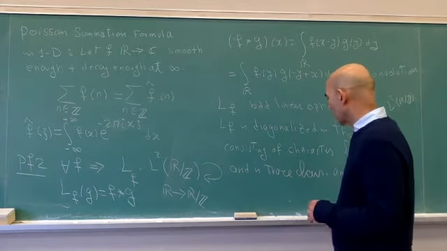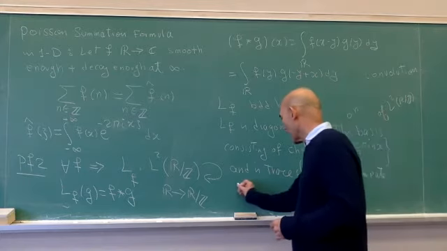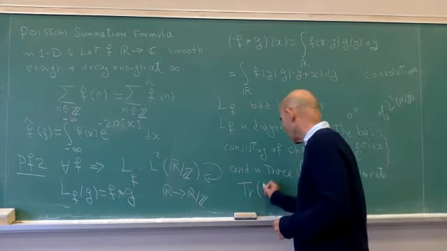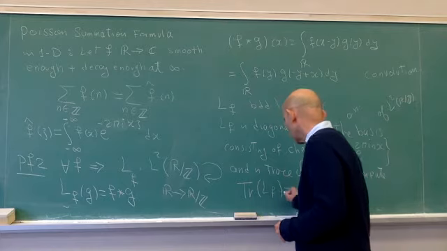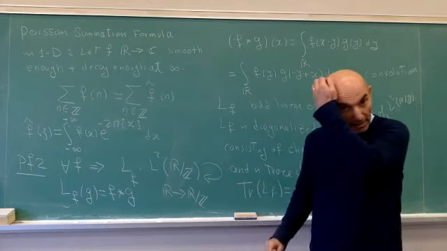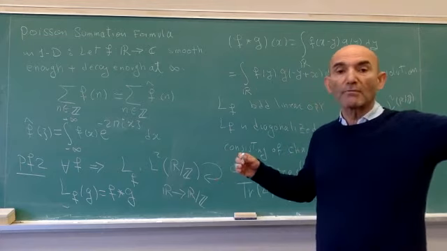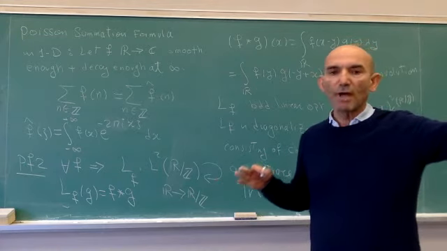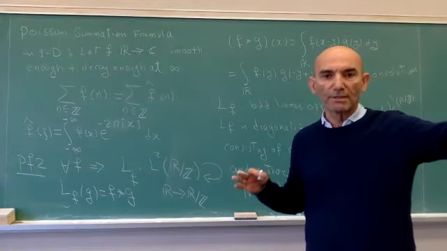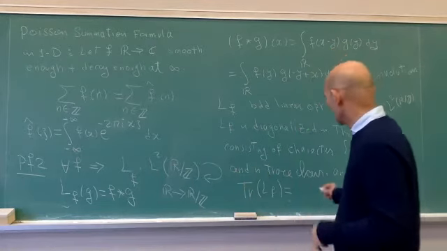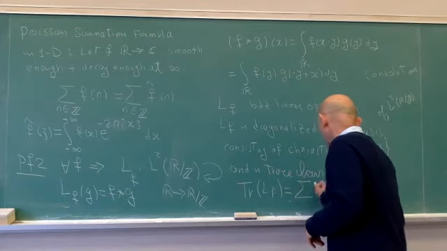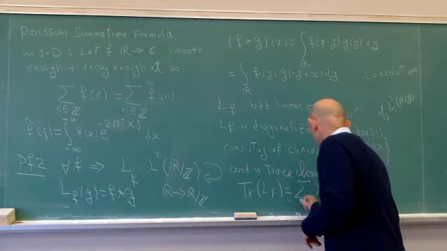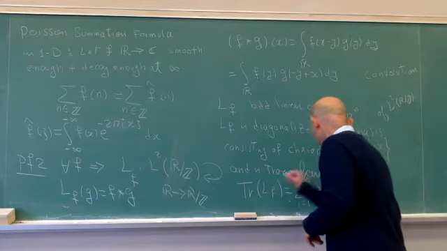So this trace of L_f, on the one hand, because it's like a matrix, we know that this trace is going to be the sum of eigenvalues of this matrix, I mean, the sum of lambda_i from i equals 1 to infinity.